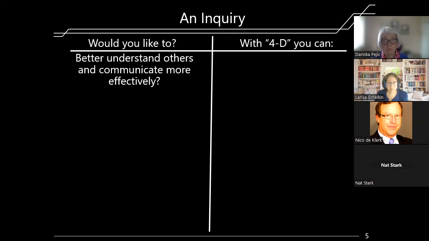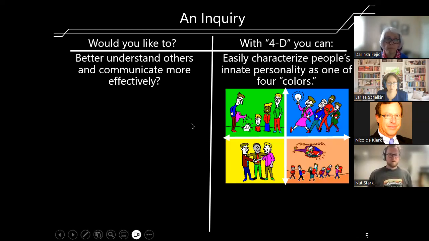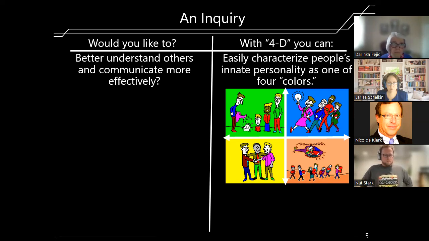With 4D, you can characterize people's innate personality as one of four colors. This is so easy that once you learn it, which takes a couple of hours, you can start doing it on your own. In conversations, I can point out colors, and people who color themselves find it very useful.